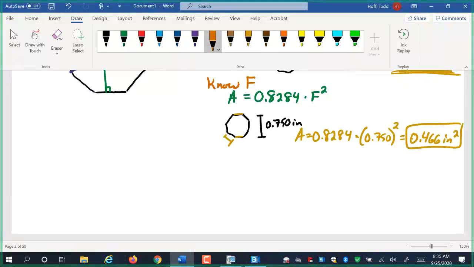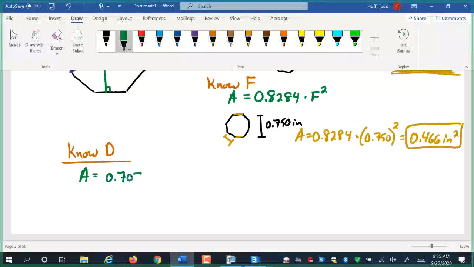Finally, what if we know D, the diagonal? Well, then the area is 0.7071 times that diagonal length squared. So the diagonal length, of course, is going to go diagonally across here.